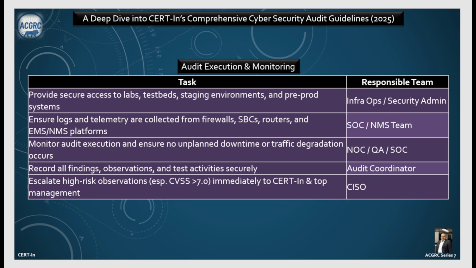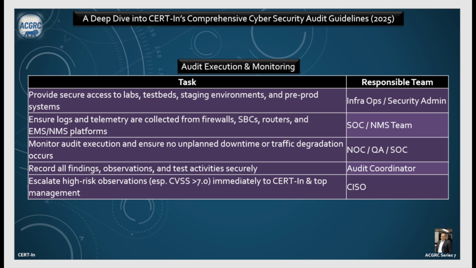Step 3 is to monitor audit execution and ensure no unplanned downtime or traffic degradation occurs. This is where you need NOC, the quality team, and the SOC team to get involved. You need to record all findings, observations, and test activities securely.